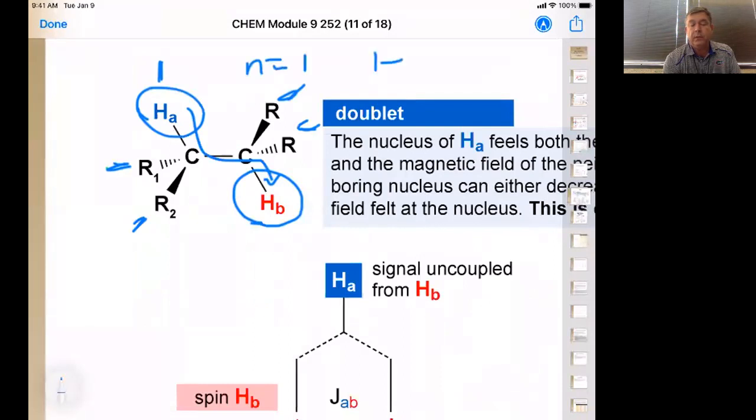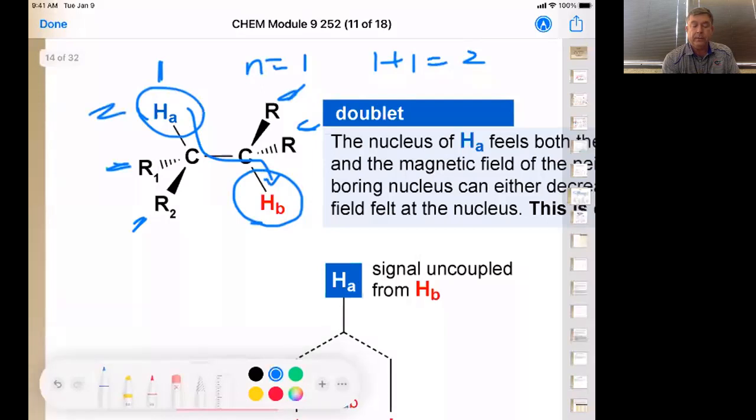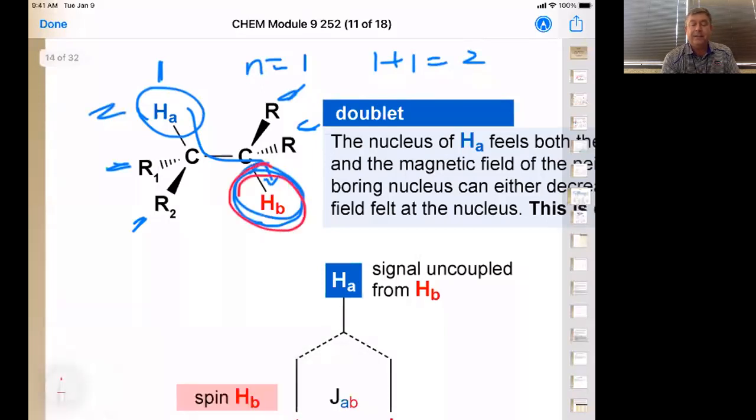So you have 1 plus 1 equals 2, so this is going to have 2 peaks. This red one is going to have its own unique peak, plus it's 1, 2, 3 bonds from 1 hydrogen. So N is equal to 1, and your total is 2. This is going to be split into 2 peaks.